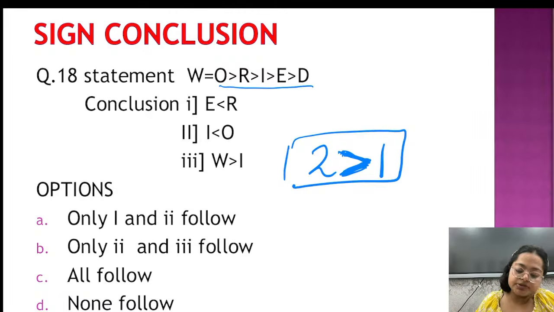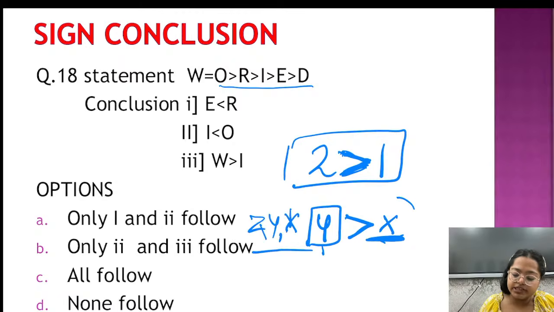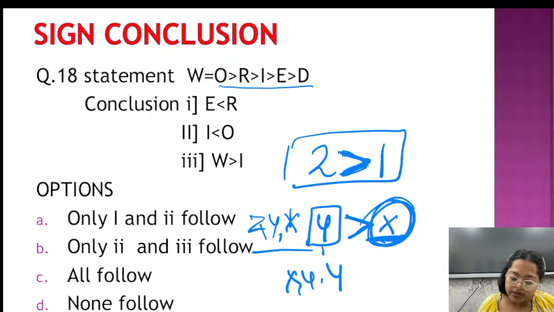So same statements like this. If any word includes the sign of this, so automatically this will become from this. And if this is in a series, so automatically all the numbers written here, x, y, z, become larger from this number. Okay. And if there is any sign regarding like that?